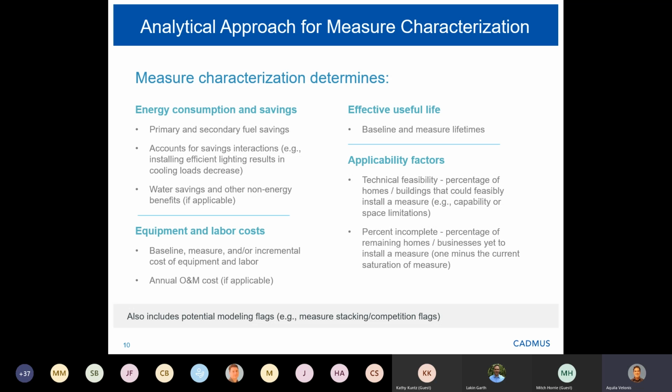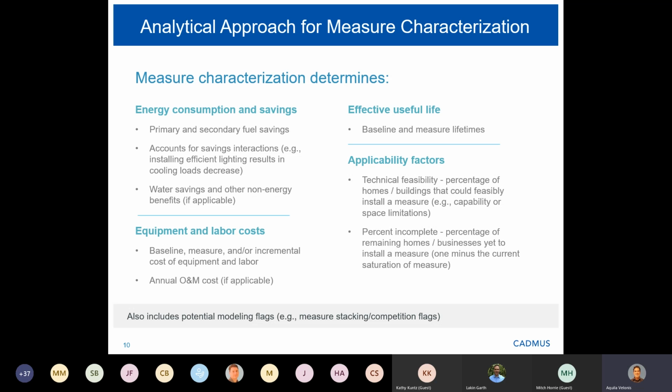A good example of that is, say, a halogen bulb has a lifetime of 2 years and an LED has a lifetime of, say, 12. There are periodic annual replacements that occur over that time, and we want to account for those costs. We also assign effective measure lives for both baseline and measure permutations, and most of that comes from the Focus on Energy TRM.